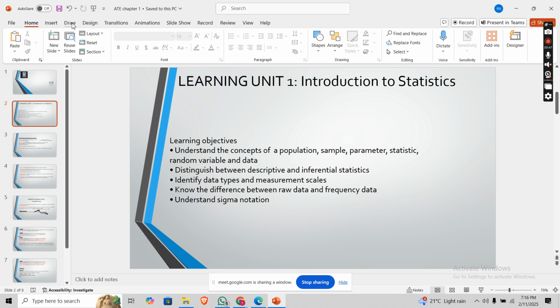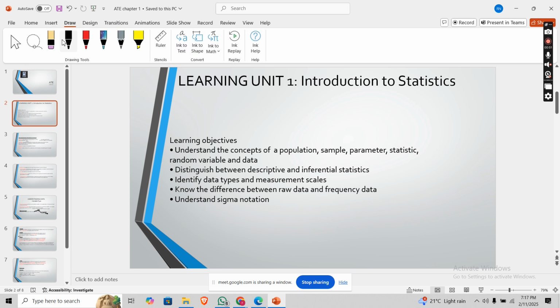I hope you have a notebook with you so that you can write a few things down. I need you to draw a table. On the left column of your table, write population, and on the right column, write sample, because these things are related.